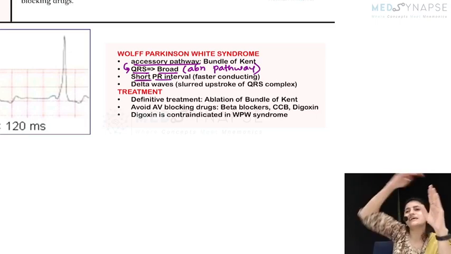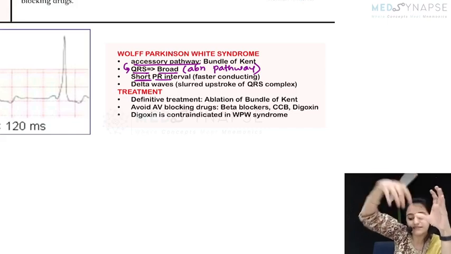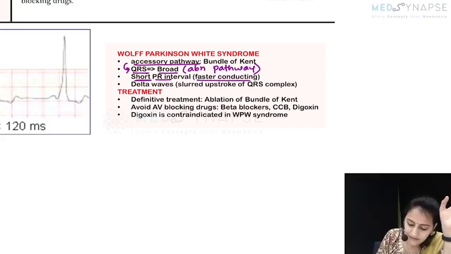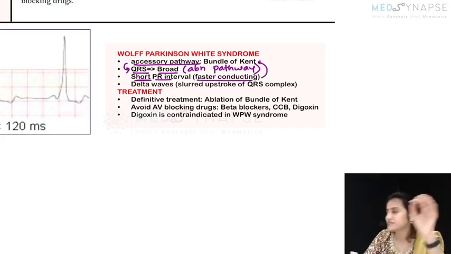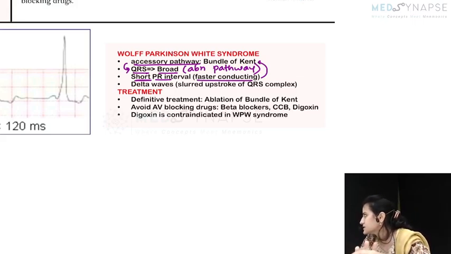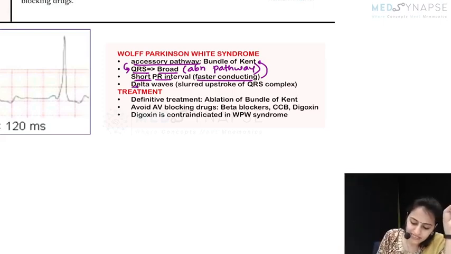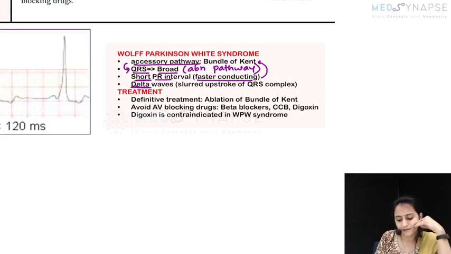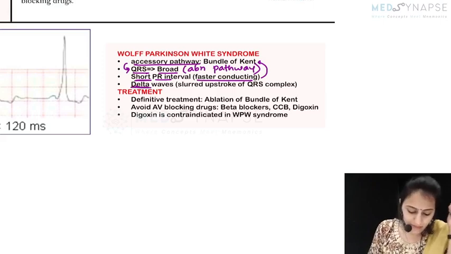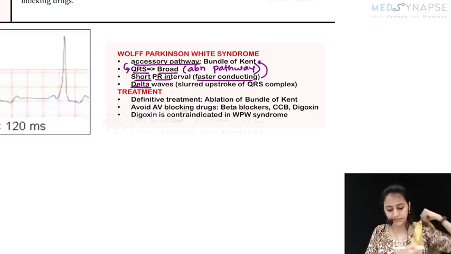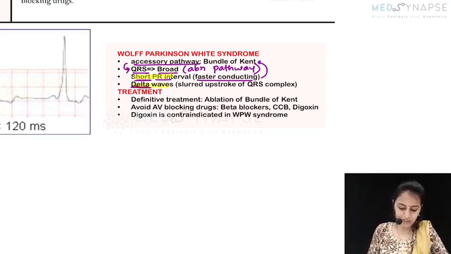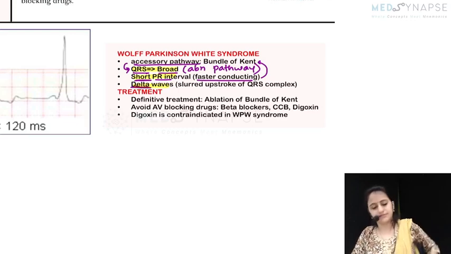Why? Because the accessory pathway, the bundle of Kent, is faster conducting. So the PR interval will decrease. The QRS shows the delta wave. So remember the findings in WPW: delta waves, short PR and a broad QRS.